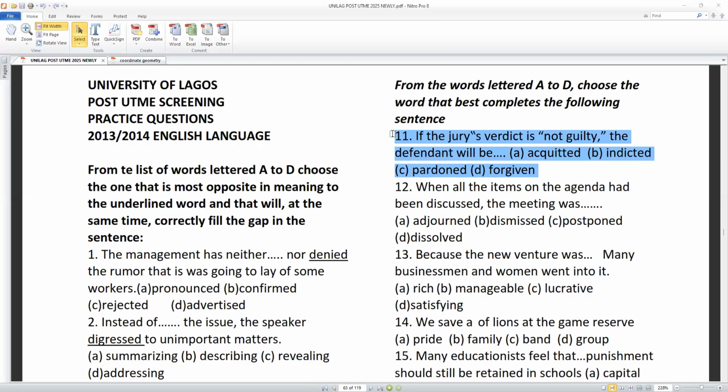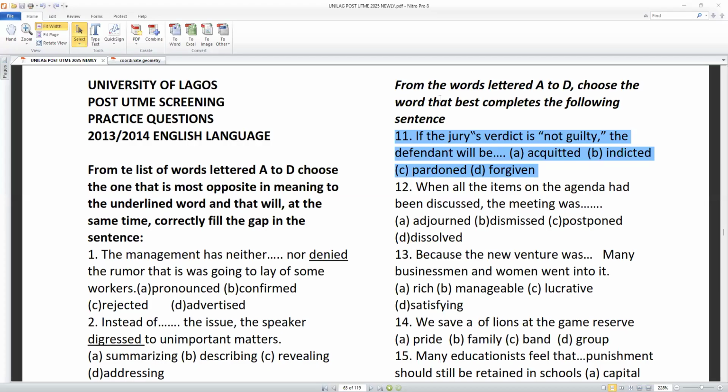And the instruction says that you should choose the word that best completes the following sentence. We have: if the jury's verdict is not guilty, the defendant will be A. Acquitted, B. Indicted, C. Pardoned, D. Forgiven.